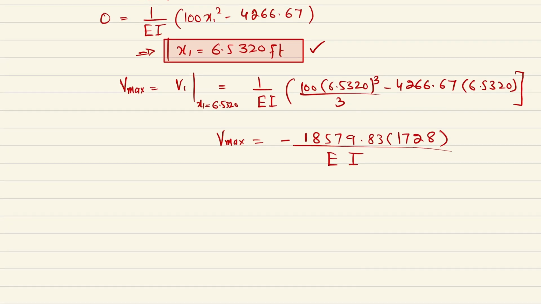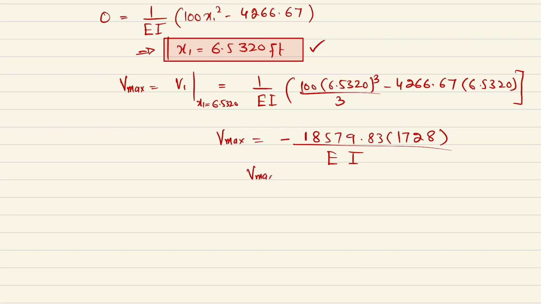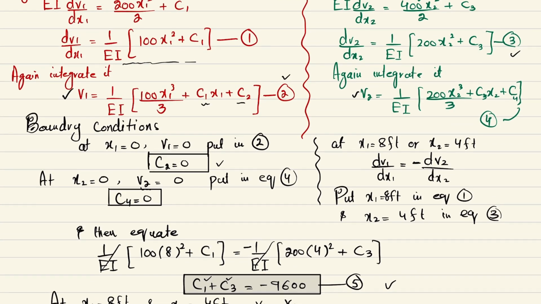Now the value of E is given, so V max is equal to minus 18579.83 into 1728, divided by E, which is given as 1.5 into 10 raised to power 3 ksi.